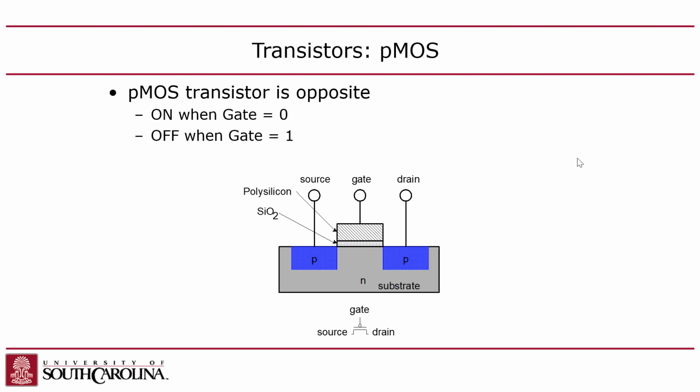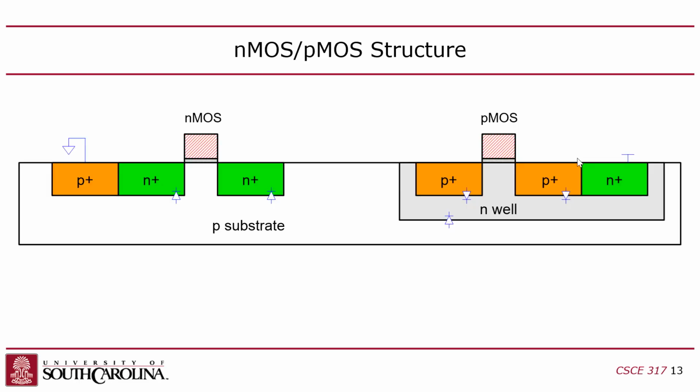Okay, now you might say, wait a minute, hold on. I thought you said the substrate is always P-type, though. You use P-type for the substrate. Yes, so the way you get around that is the substrate is P. Again, I don't know why they chose P. It's always been P. But if you want to make a PMOS transistor, which is the opposite guy, turns on when you put 0 into it, you create an N well, which is basically another diffusion area, except it's a deeper and bigger diffusion area of N-type material, right?